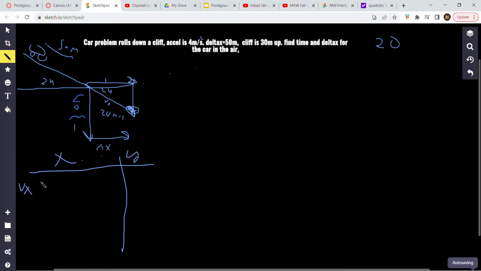So Vx is equal to, we're going to be looking at cosine, cos 24 times 20. And that's going to give us meters per second.